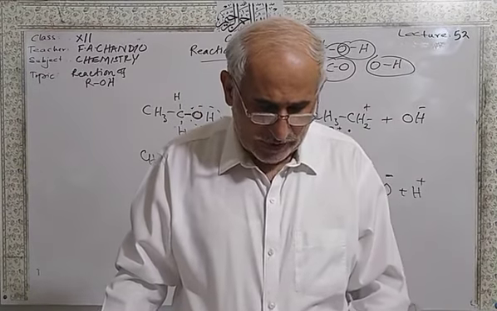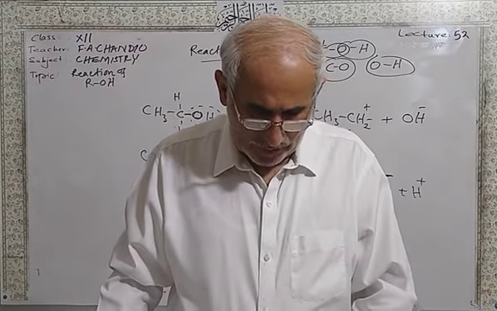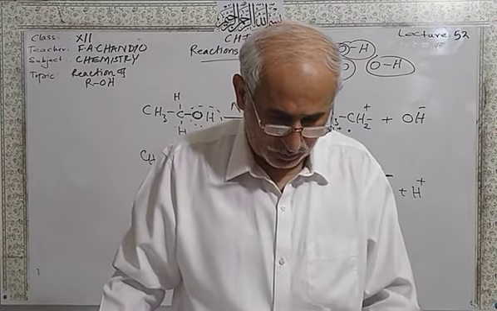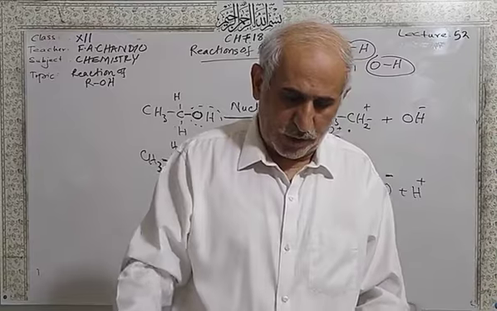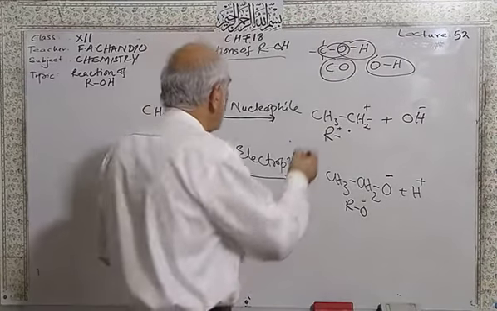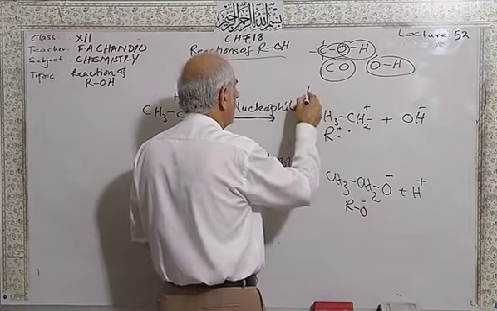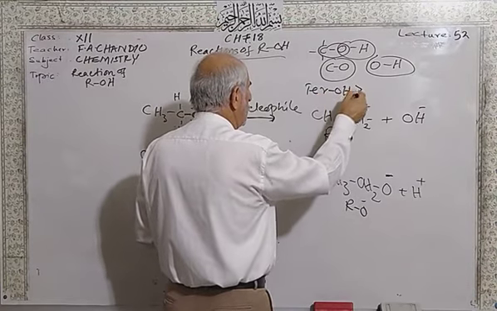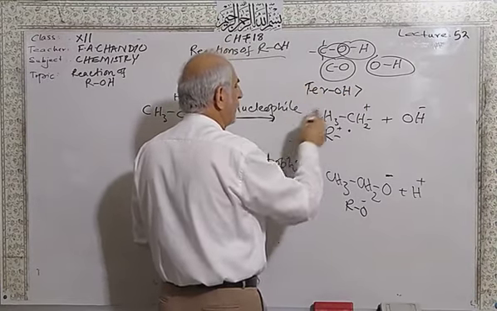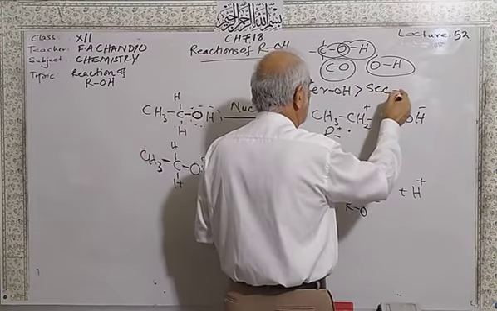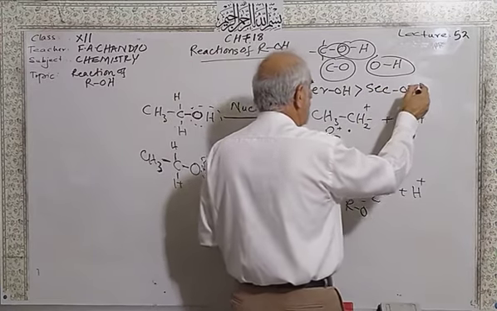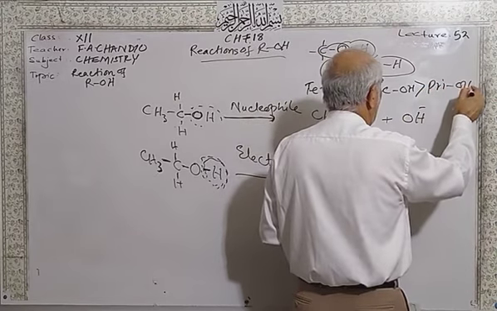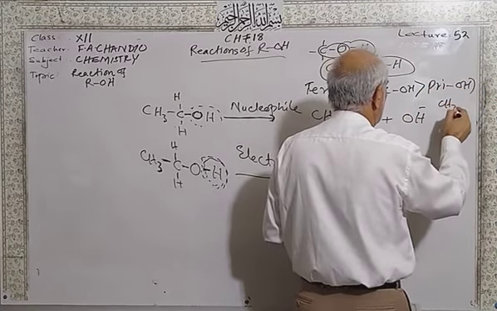So the order of reactivity of alcohols with respect to cleavage of the carbon-oxygen bond. Order of reactivity: in this case, tertiary alcohols are most reactive. Then secondary alcohols, then primary alcohols, then methanol.